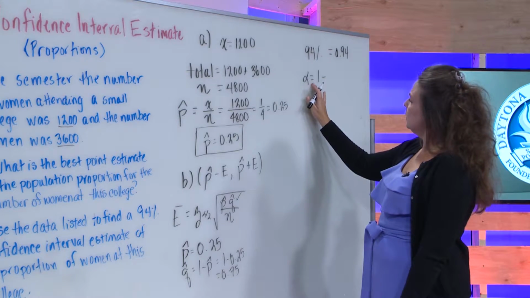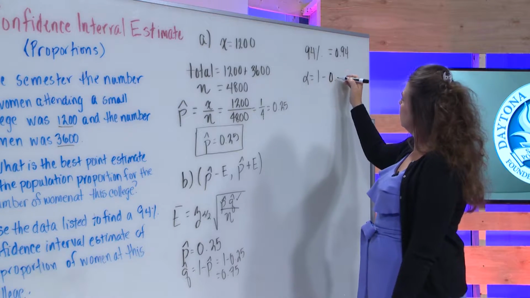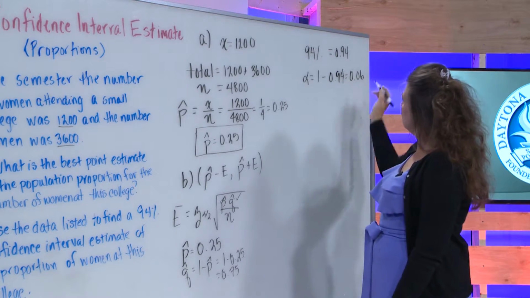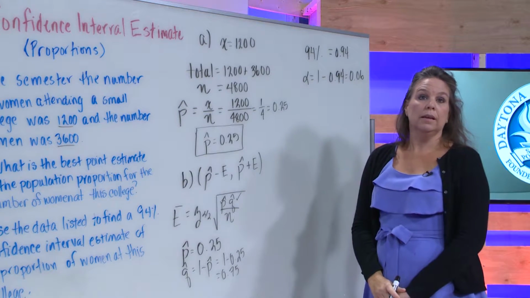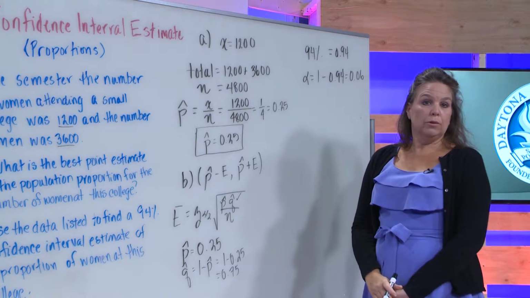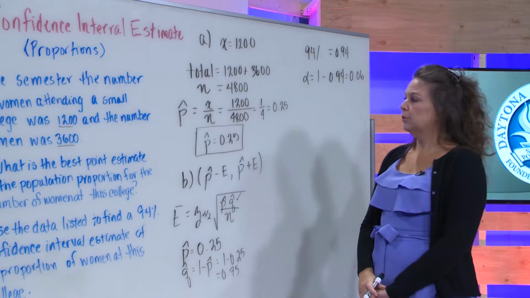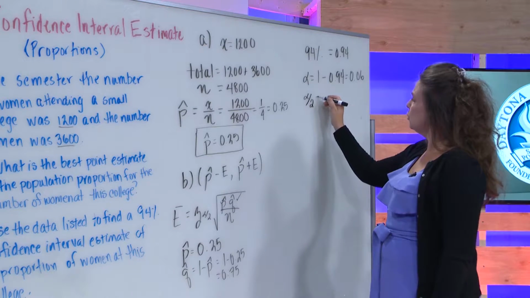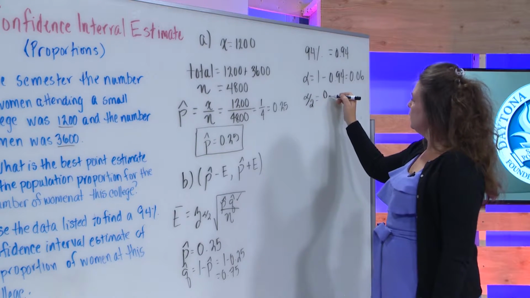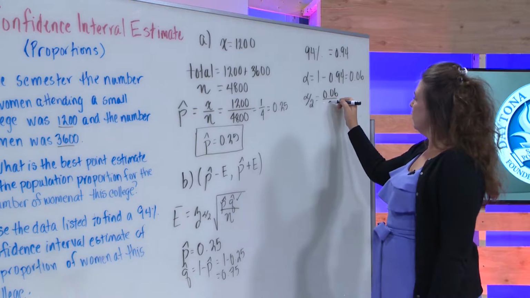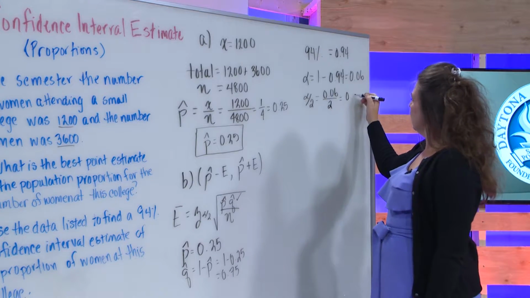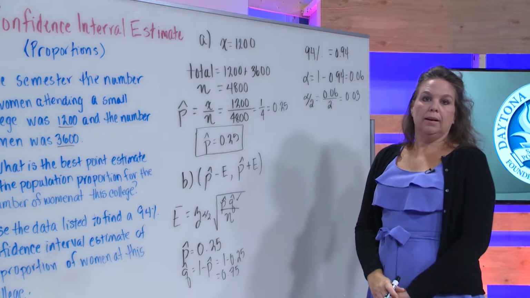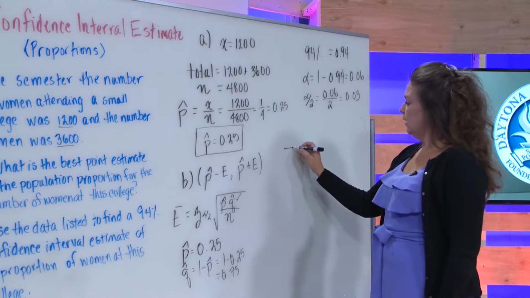Alpha is equal to 1 minus 0.94, and that gives us 0.06. Now the critical value that I'm looking for is Z alpha over 2, so I want to find alpha over 2. I have 0.06 as the alpha divided by 2, and that gives us 0.03.